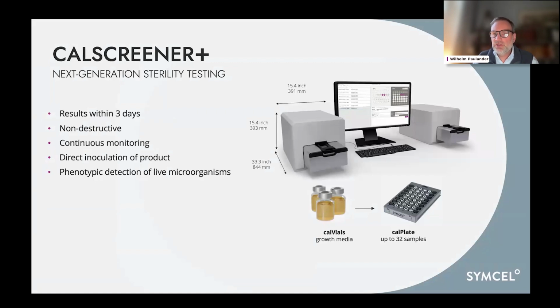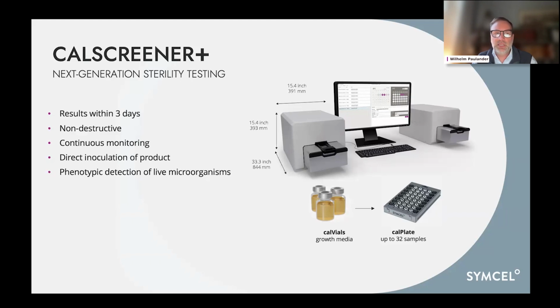If you look to the right, you see the calScreener Plus system. It's a benchtop size system with a quite small footprint, as you can see from the dimensions. But to the left of the system, you see 5 points. And if it's only one thing that you take with you from today's presentation, I hope it's these 5 points. I think it summarizes very well the technology and what the technology can offer. It can give a result within 3 days, so we can give a time to negative within 3 days.